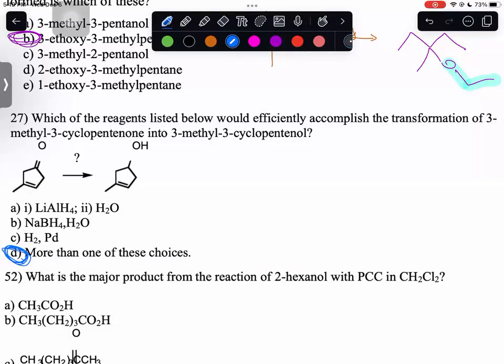You're doing it backwards. What you're thinking about is an oxidation, going from an alcohol to a carbonyl. It's both A and B. H2 with the palladium, that's it. Yeah, it's just a hydrogenation reaction, but I wouldn't really worry about those reactions.